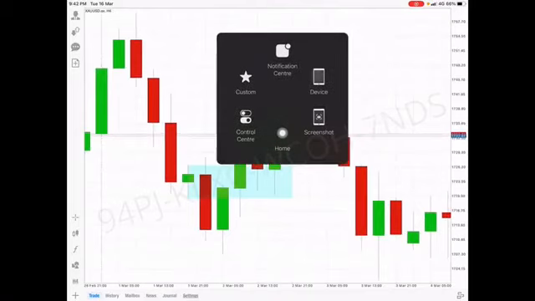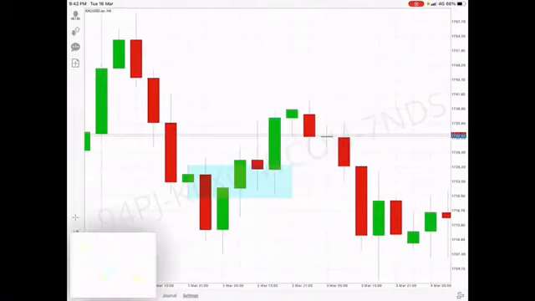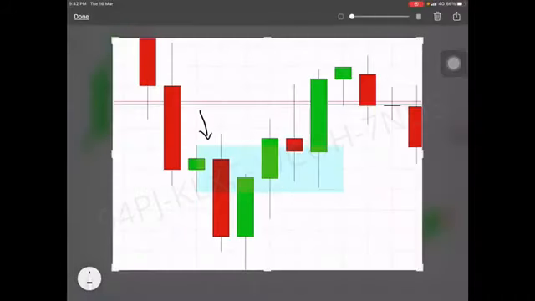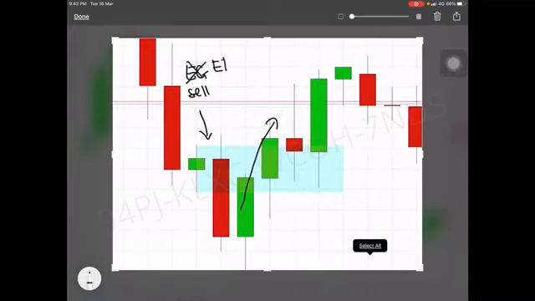So look at this one. Is this engulfing sell or engulfing buy? This one is engulfing sell, but then it broke upwards, right? So it has become engulfing fail.